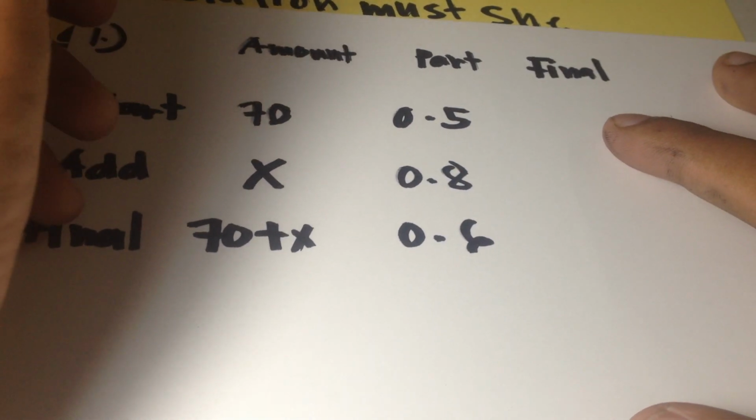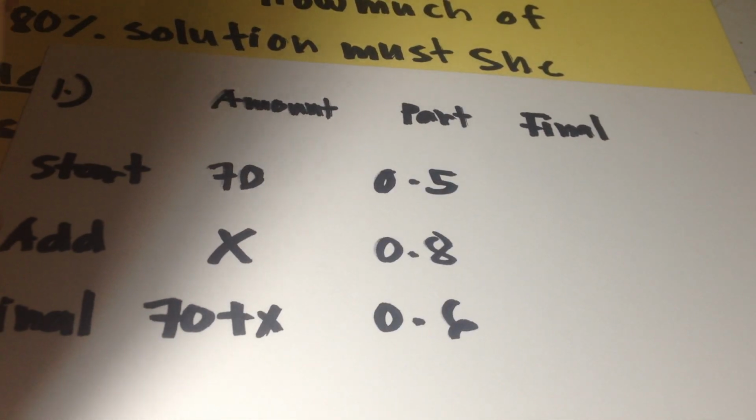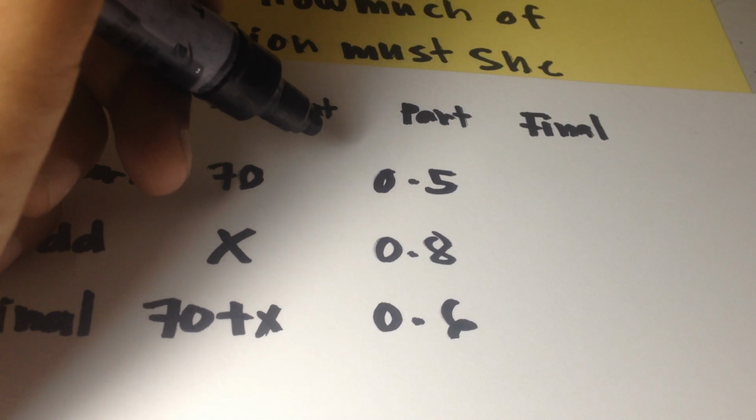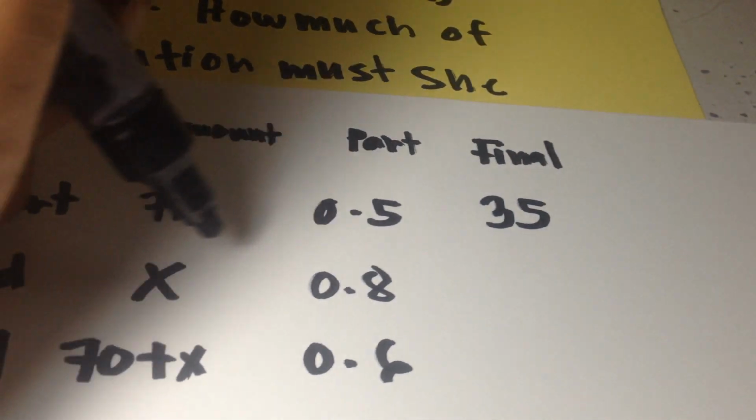After that you need to multiply. 70 times 0.5 is equal to 35, so you write 35 here, and x times 0.8 equals 0.8x.